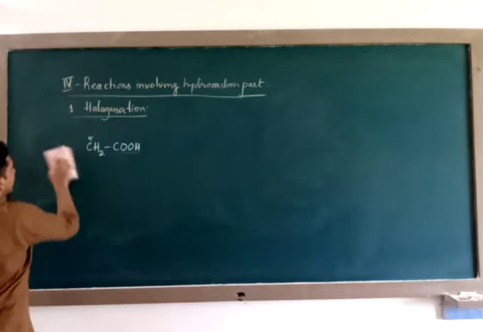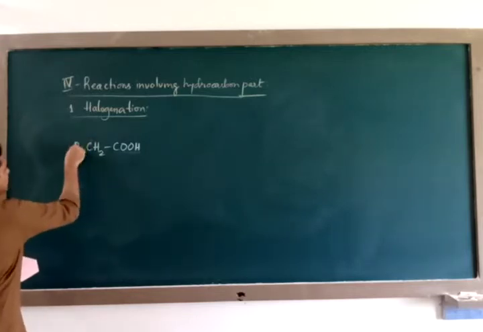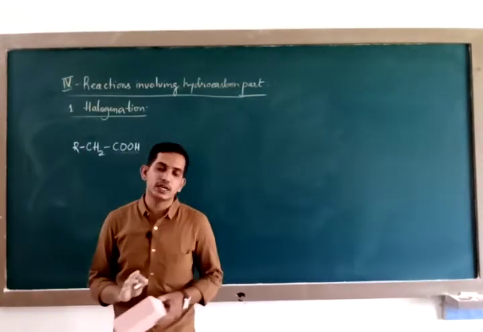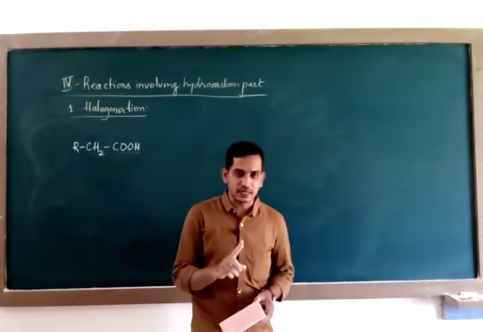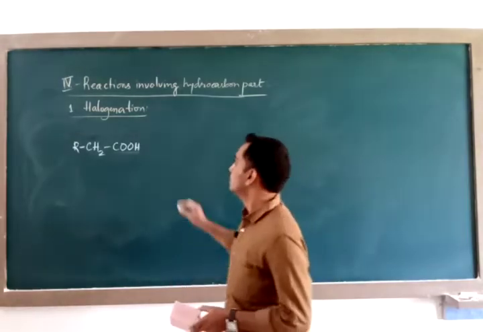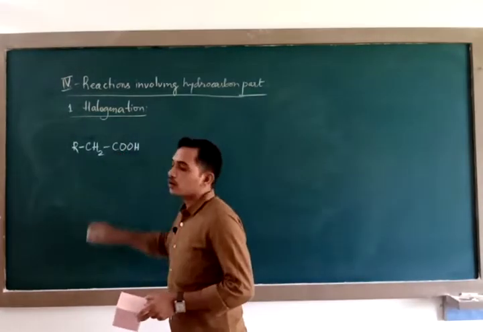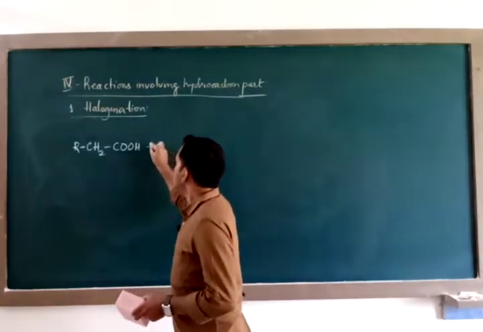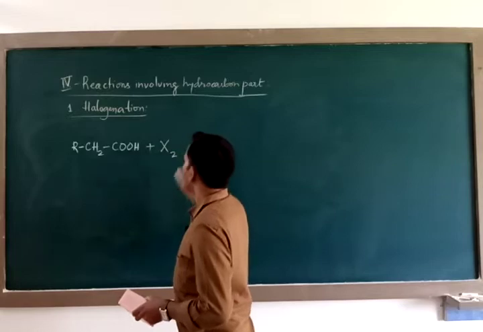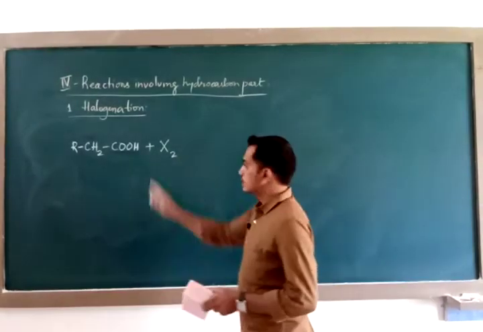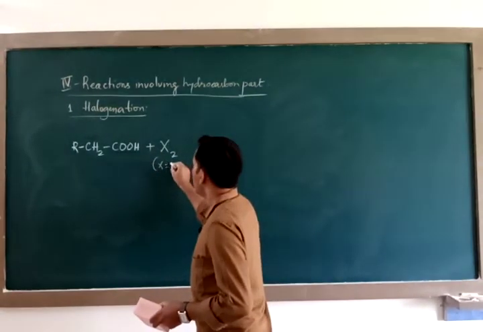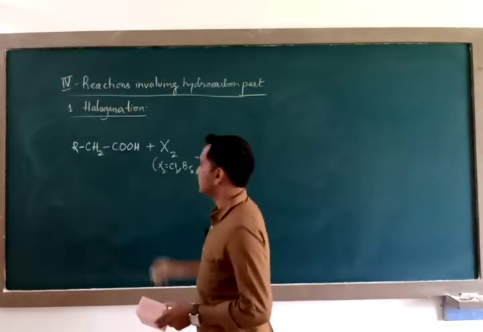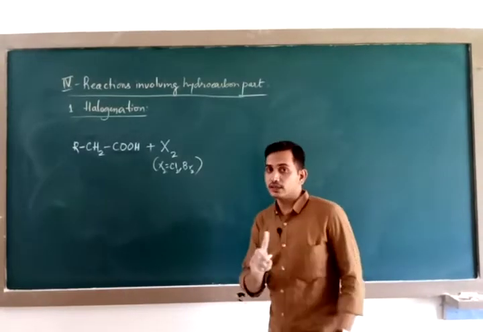So for this reaction to take place, you need a carboxylic acid containing alpha hydrogen atom. This is the first condition for halogenation. Whenever a carboxylic acid containing alpha hydrogen atom is reacted with a halogen, this halogen should always be either chlorine or bromine, not others.